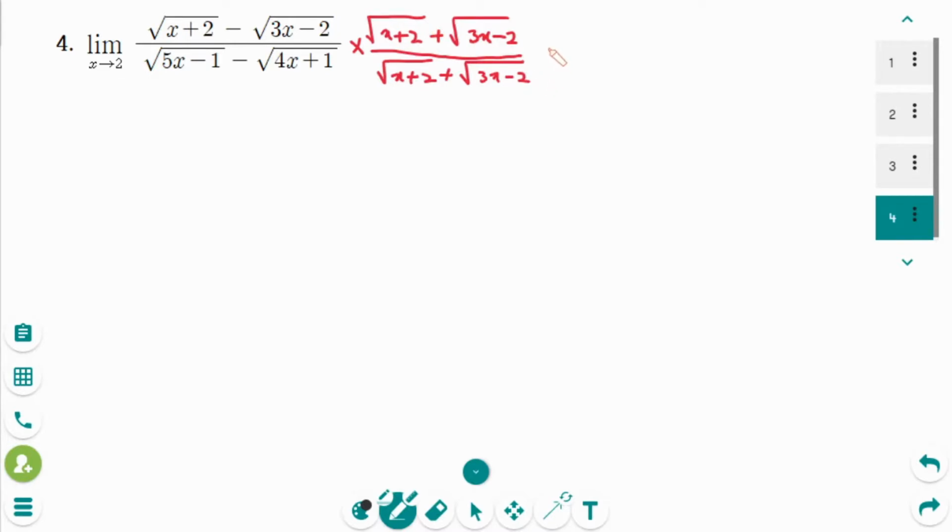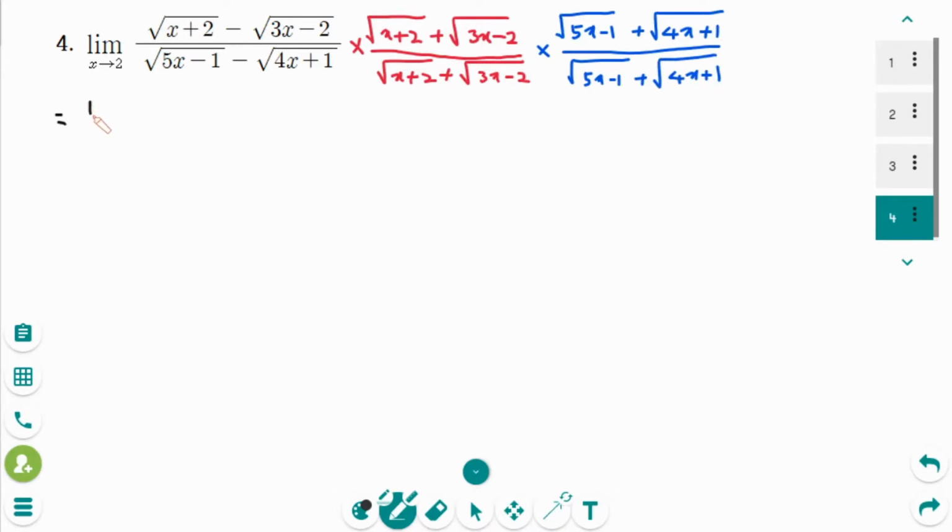The conjugate for the denominator is square root of 5x minus 1 plus square root of 4x plus 1 over square root of 5x minus 1 plus square root of 4x plus 1. The limit as x approaches 2.